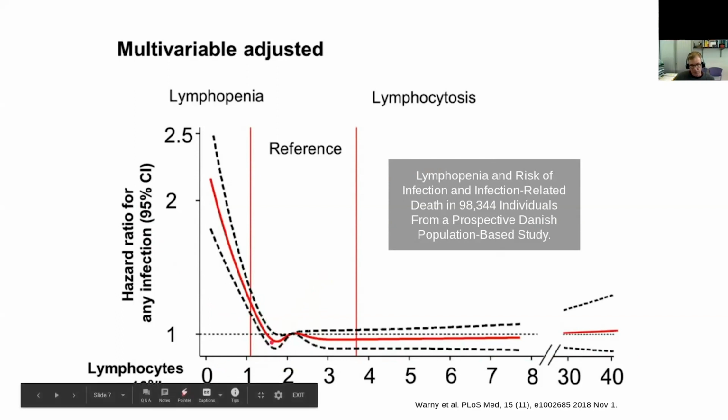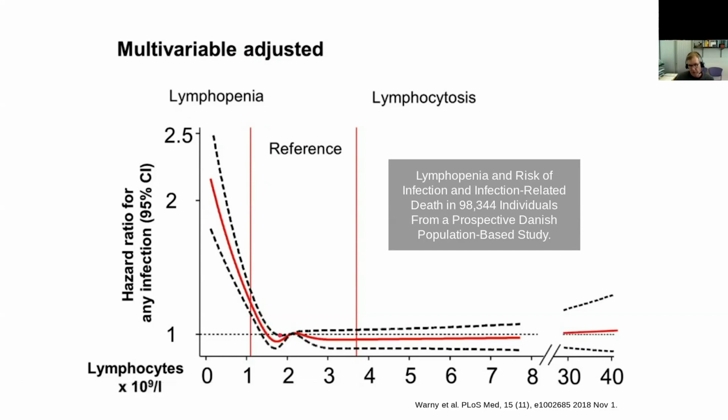So if you had to use infections or infection-related deaths as a marker of what is a normal lymphocyte count, the lymphocyte count should probably be set at about 1.4 at a population level. And actually, there are some laboratories in the world that report their lower limit of normal for a total lymphocyte count as 1.4.